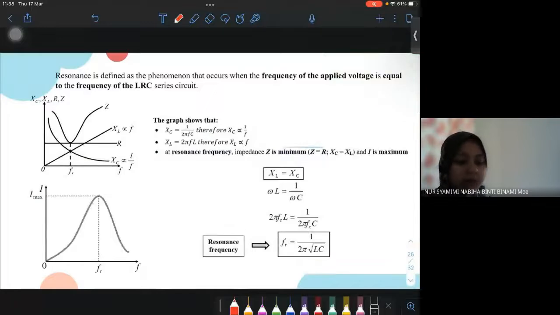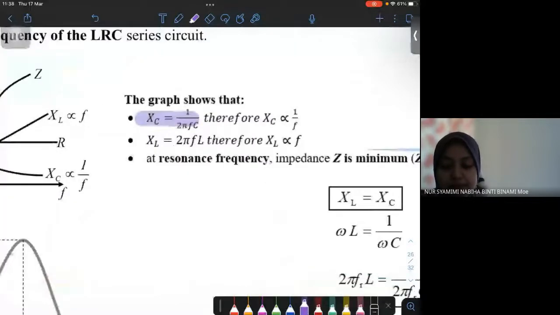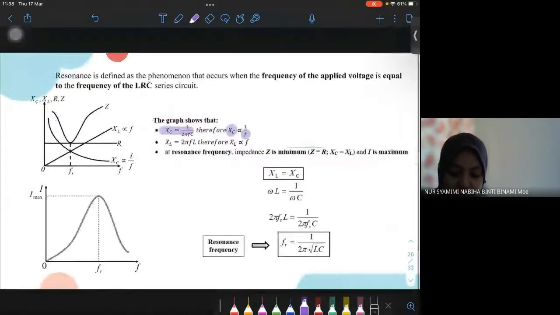Okay, so before this, kita dah belajar the equation for XC. Okay, so equation untuk XC equals to 1 over 2 pi FC. Dan saya kata from this equation, kita tahu XC ialah inversely proportional dengan frekuensi. So bila kita lukis graph of impedance against frequency, kita akan dapat graph of inversely proportional untuk XC.